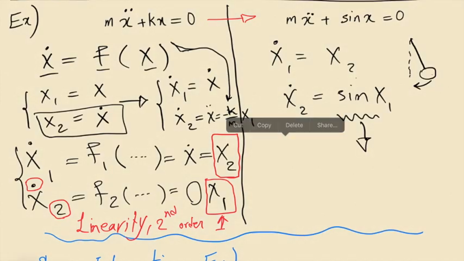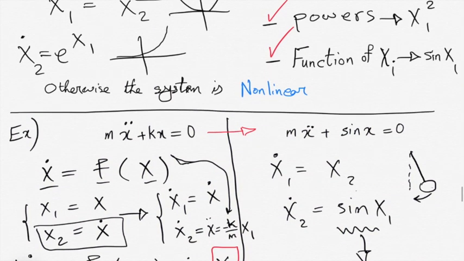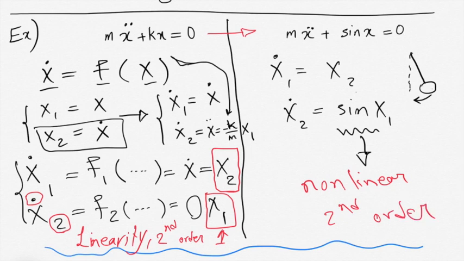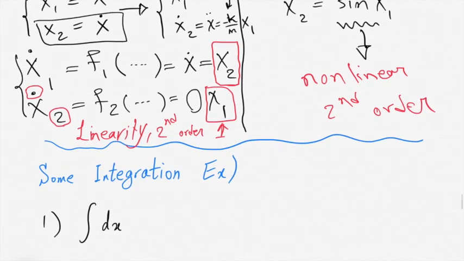Therefore here we have a function, right? And we said that if it is a function, therefore it's not linear. So we can write it as non-linear, but still a second order differential equation.